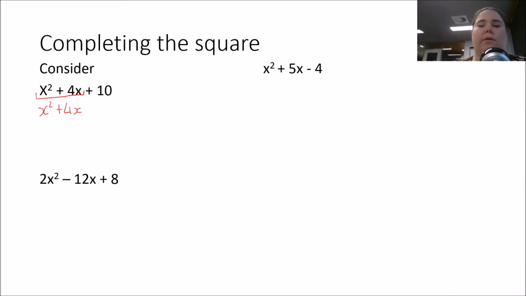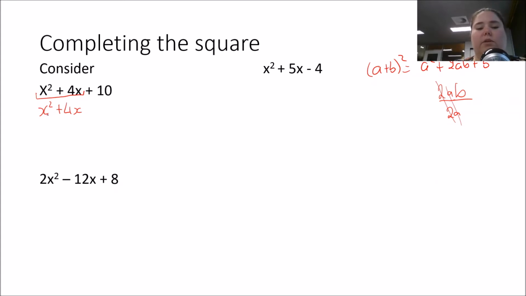Alright, and so from our rule, a plus b squared equals a squared plus 2ab plus b squared. Okay, so from our rule, we know if we want to figure out that b value, b is the whole term 2ab divided by 2 lots of a, because that'll get rid of it.